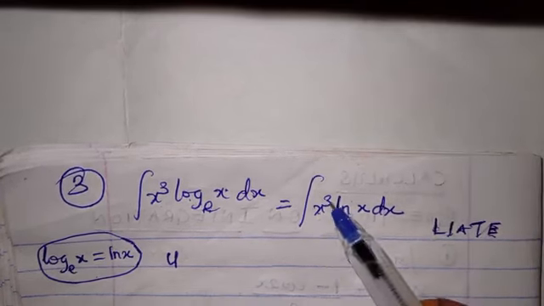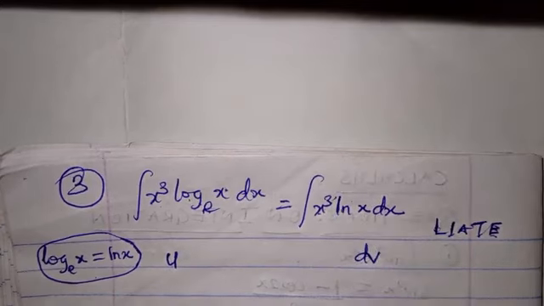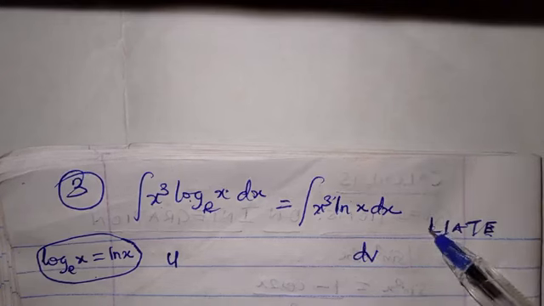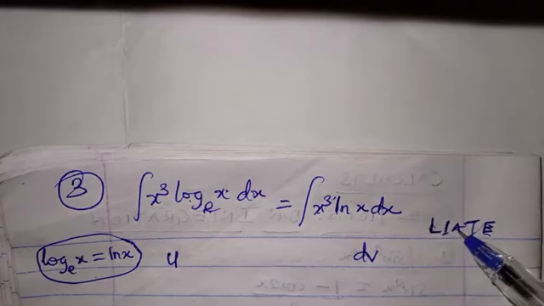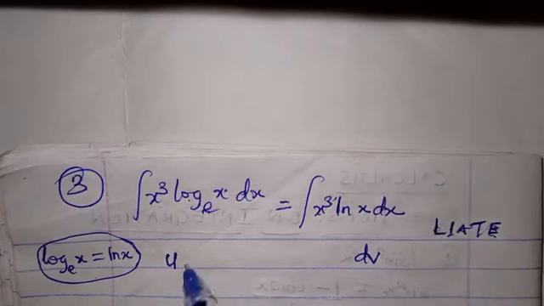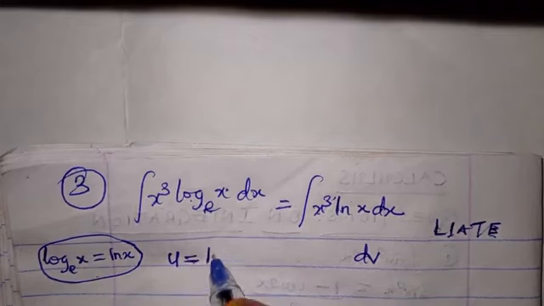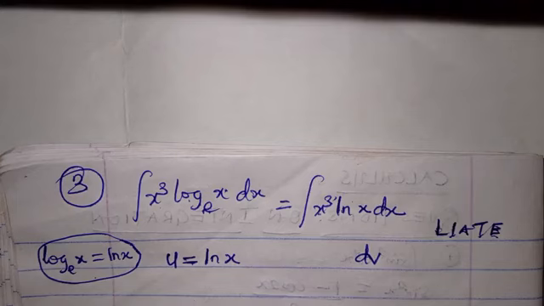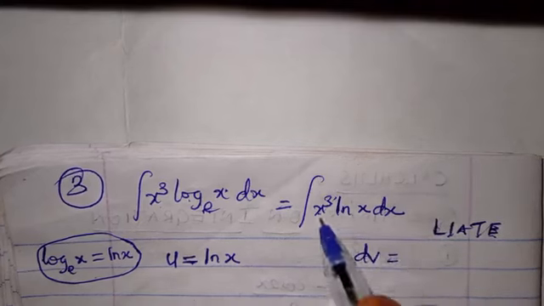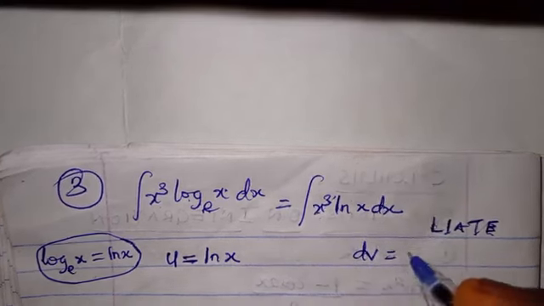This is algebraic, x cube. Ln x is logarithmic. Logarithmic is L. It comes before algebraic, which is A. So I should choose ln x as u. You get it? Then I will choose x cubed ds as dv.